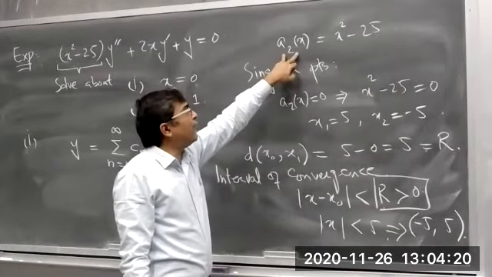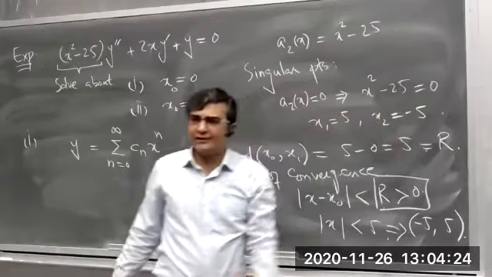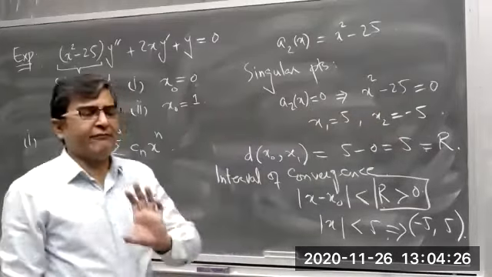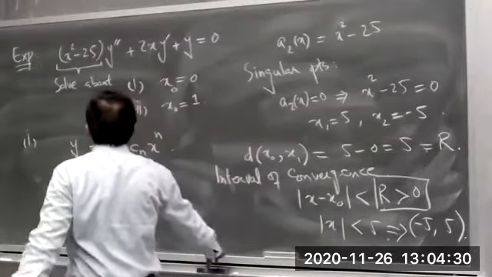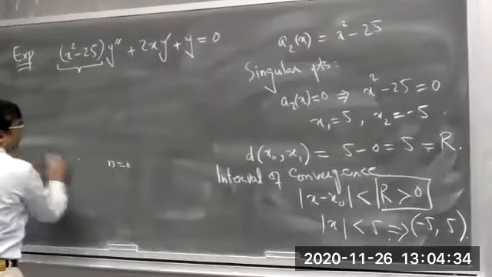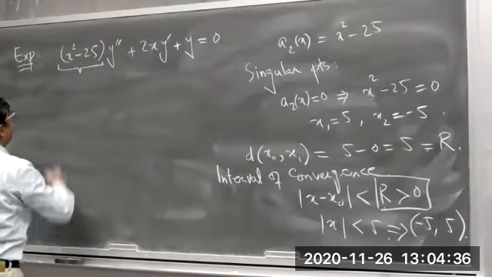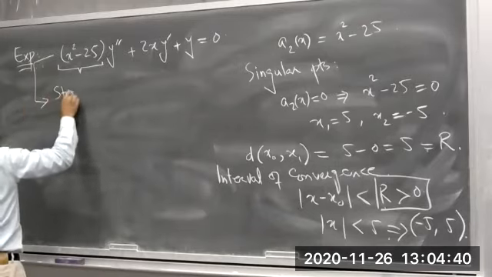If we put the coefficient of y double dash equal to 0, we can find the singular points. This was one way of finding singular points. What was the other way? You convert the given differential equation into the standard form.